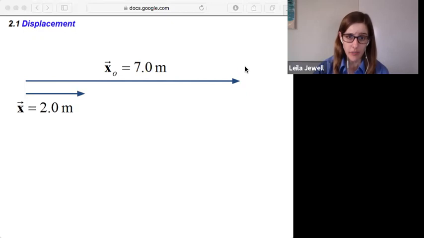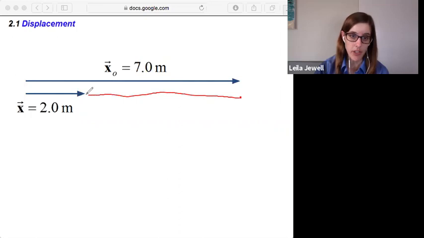If we started out at this 7 meters and continued on another 5 meters to the right, we'd end up further over here to the right. No, in this case we need to start at this point, and if we end up over here, the only way to get back there is if our displacement is going to the left.